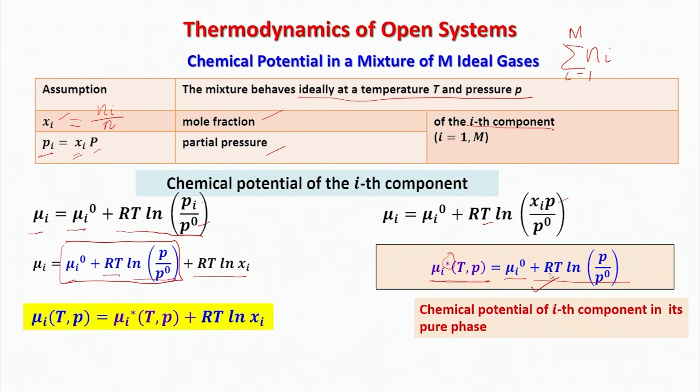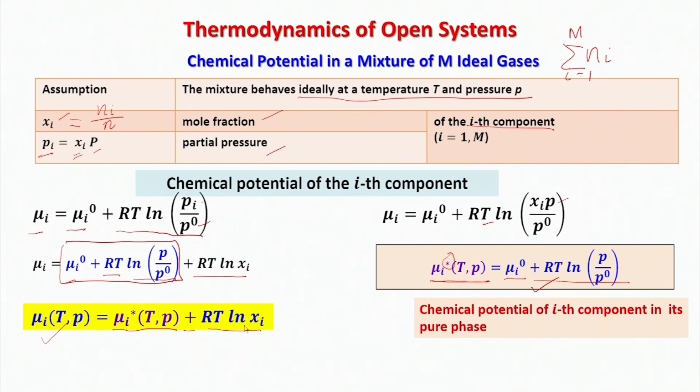That tells me that I can now write down the chemical potential of the ith component in a mixture of ideal gases maintained at a constant temperature T and the same total pressure P as equal to the chemical potential of the ith component under identical conditions of temperature and pressure when it was present in its pure state, plus another term that depends on the mole fraction of the ith component in the mixture.